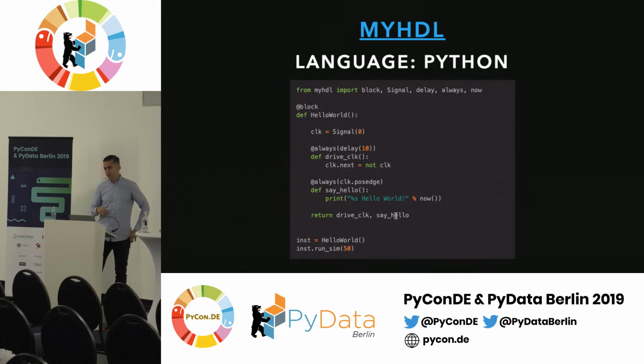Now, if this had some more elaborate content, if it had instances of other pieces of hardware, for example, it would return those as well. MyHDL is bringing to the party all of these ideas like block and signal, all of kind of the base layer hardware abstractions.